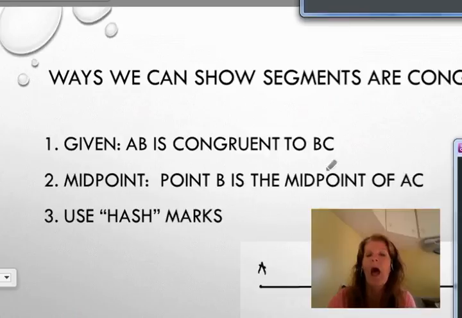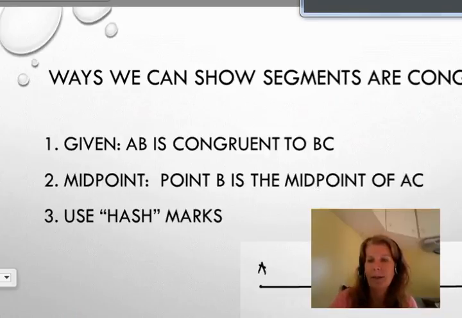All right, three ways that we can show that segments are congruent. Down here, kind of ran off the screen, sorry. We have segment AB, I'll give you a C right here as the point. I can tell you up front that AB is congruent to BC, way number 1.